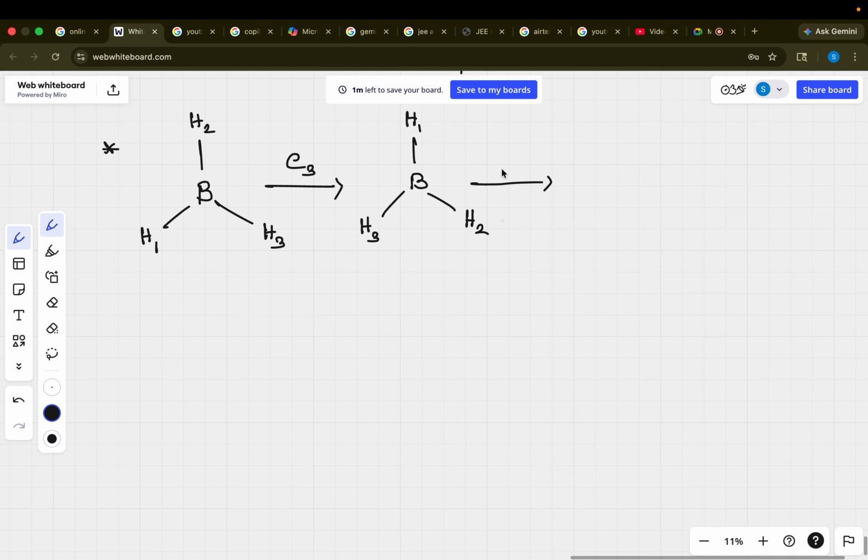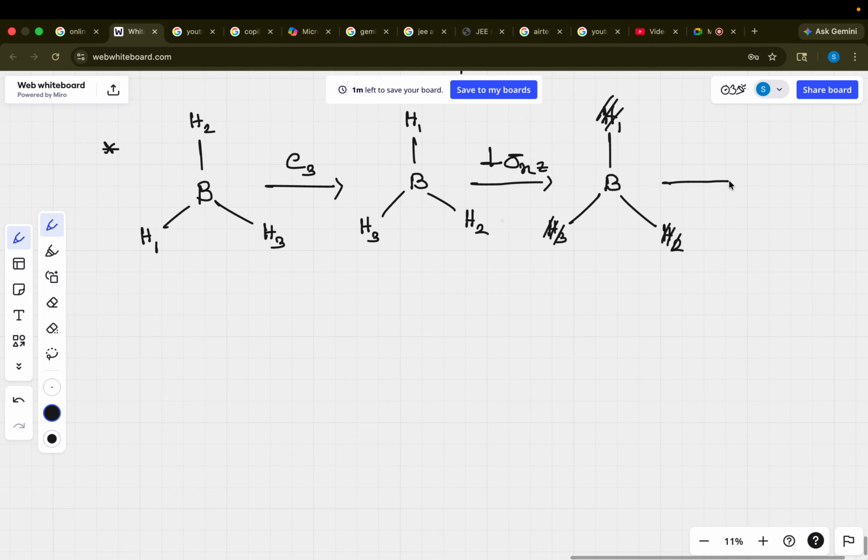Now if you take the perpendicular plane, sigma xz basically, you will see the back face of this molecule.